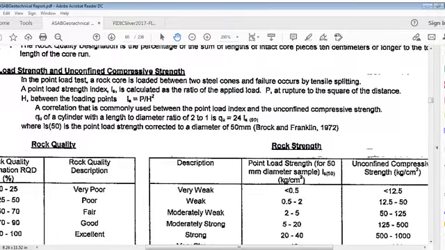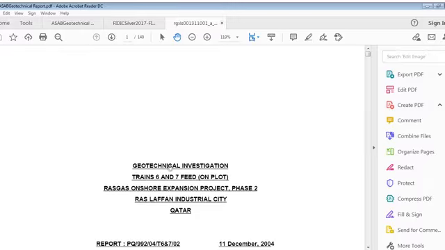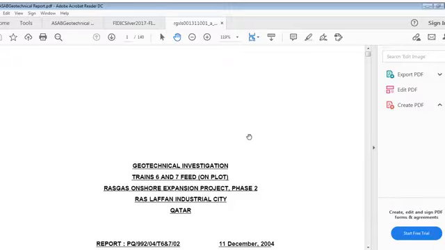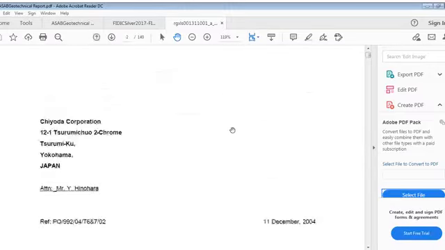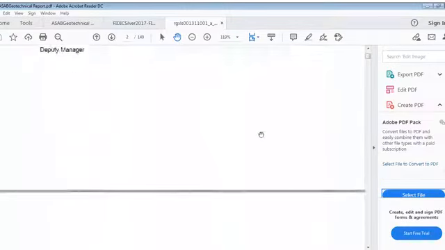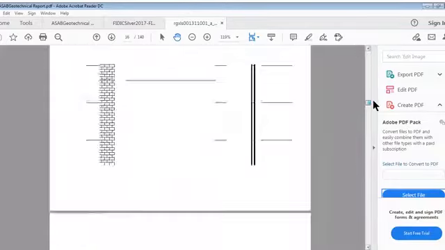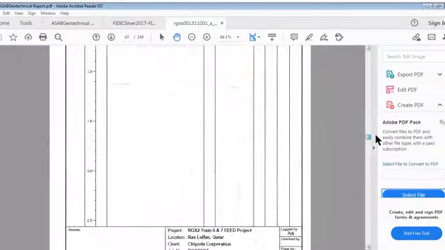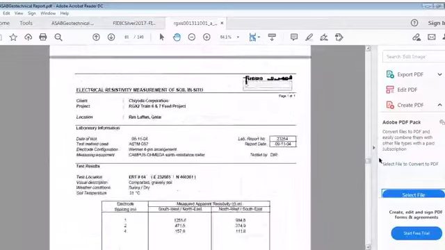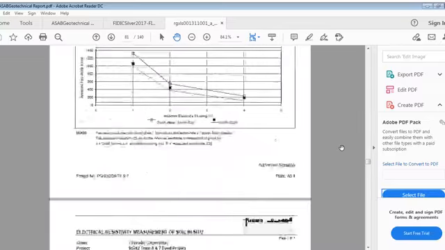Let me go to this and see if it can work for me. Journal records, persistence. Let's see if it can work for us. Well, I don't use that one. I like this one. I don't think it's that one.